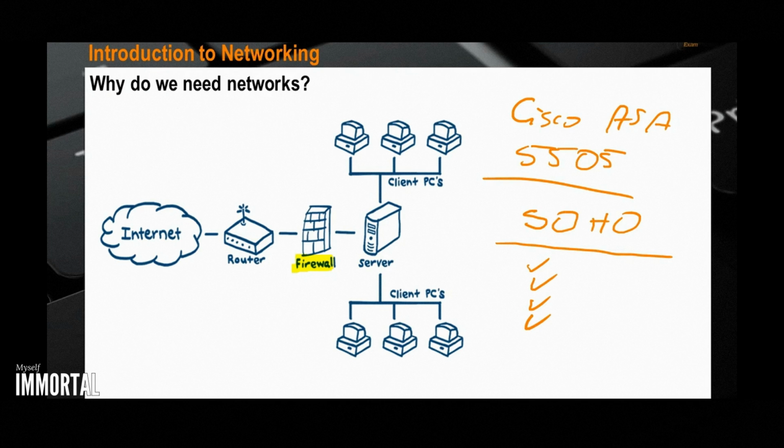You can create a lot of interesting policies on a firewall. You can decide Mike is not allowed to browse the internet. This printer should not be available for HR departments, and so on. A lot of things that you can enable on a small box like a firewall. That's what I said.